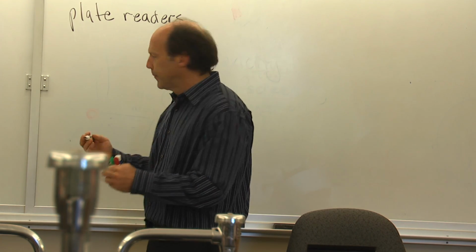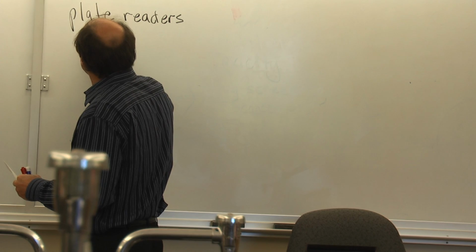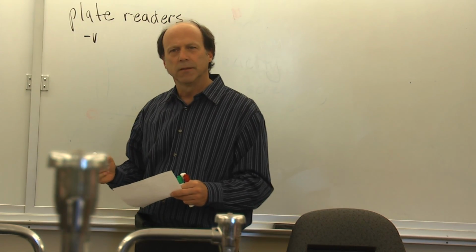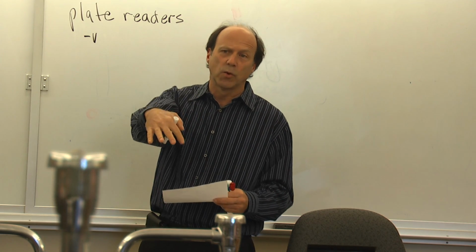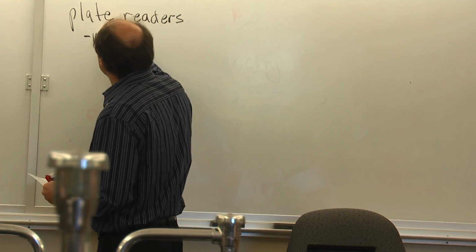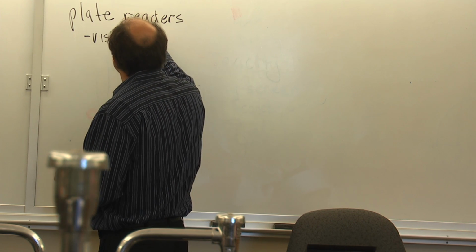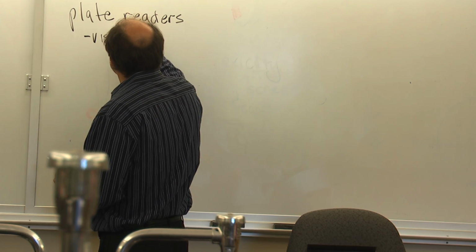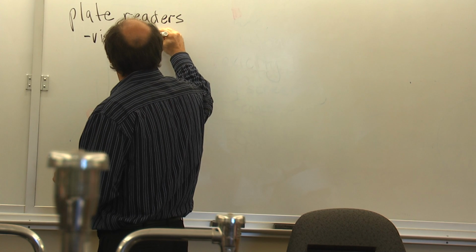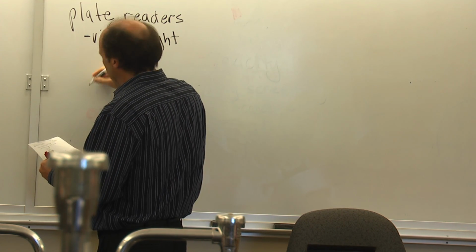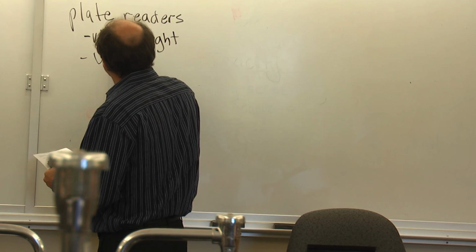Light is nice. It's very useful stuff, because it doesn't interfere with the sample, right? If you shine some light on something, you're not destroying the sample. So visible light. Ultraviolet light.